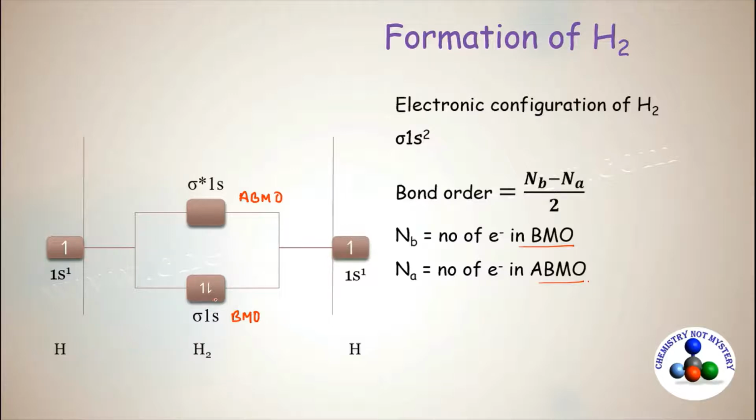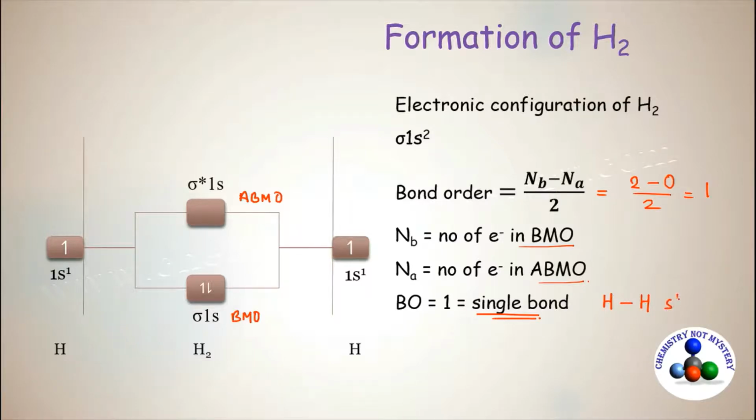In the bonding molecular orbital, there are 2 electrons, so you will get 2 minus, and there are no electrons present in the anti-bonding molecular orbital, so you will write 0, over 2. So you will get 1. That means the bond order is 1. It represents a single bond. That means when the hydrogen molecule is formed, it is formed by the formation of a single bond between 2 atoms. As the bond order is positive, this molecule will be stable.